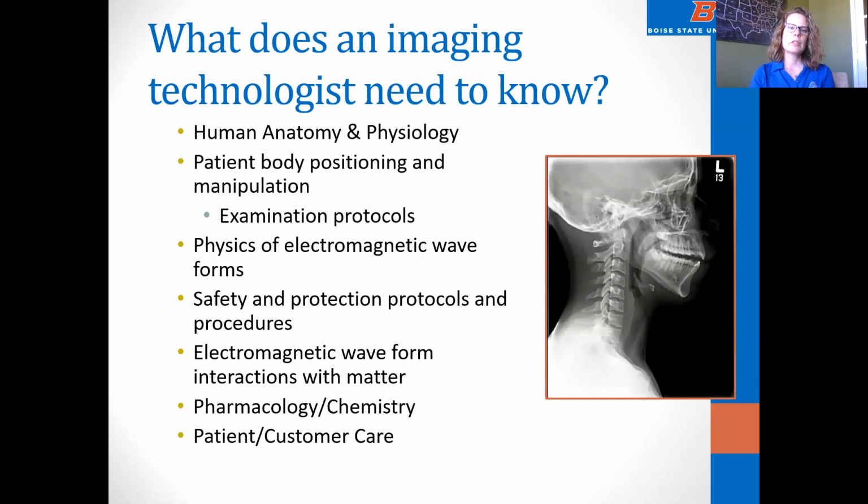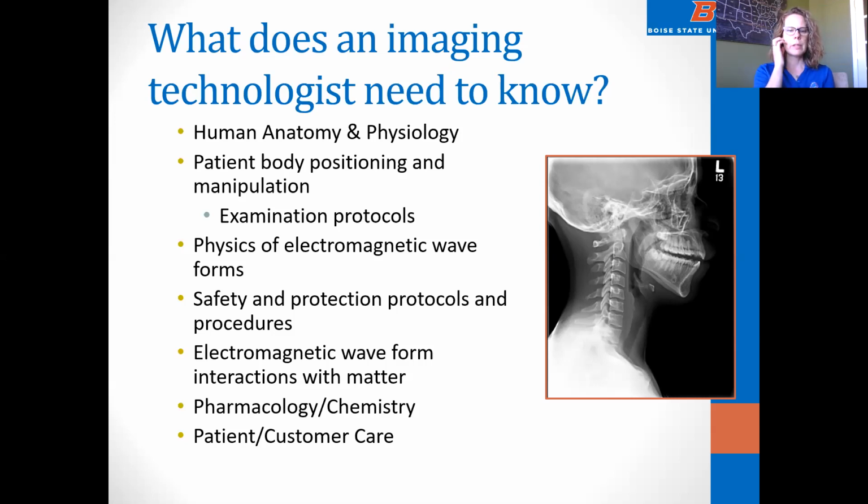An imaging technologist must understand the science behind human anatomy and physiology. This individual must be able to position and manipulate the human body in order to complete the examination protocols necessary to create the medical images that the physician needs for his interpretation. The individual must understand the physics behind electromagnetic waveforms, and also the interactions of the waveforms with matter.